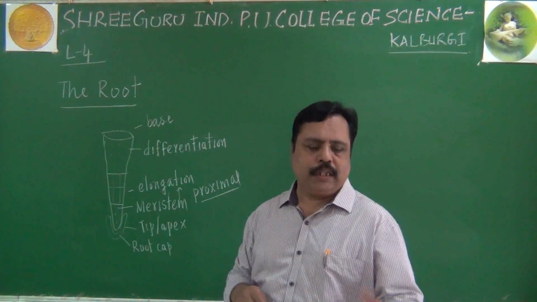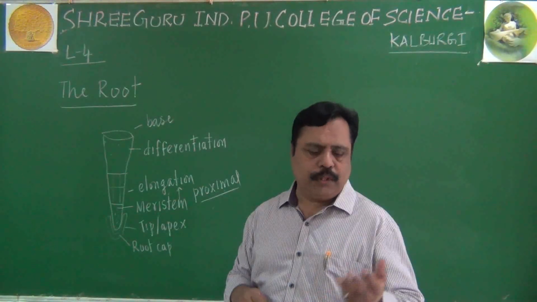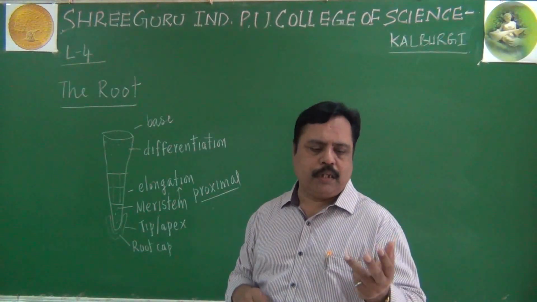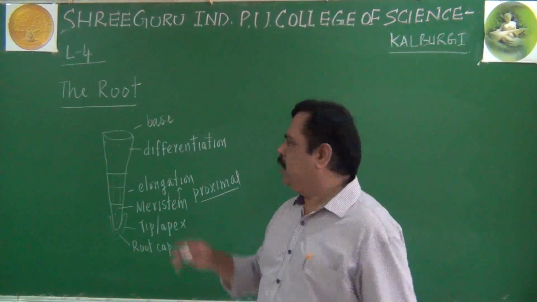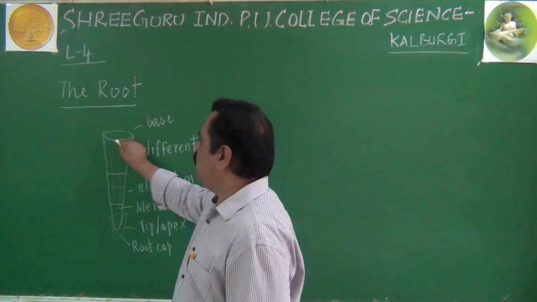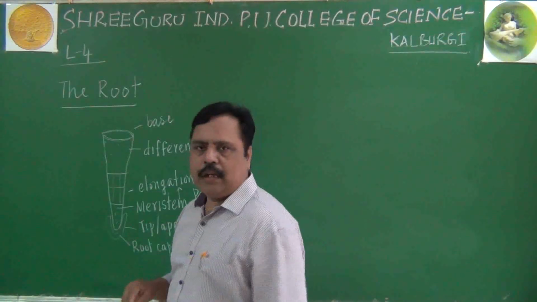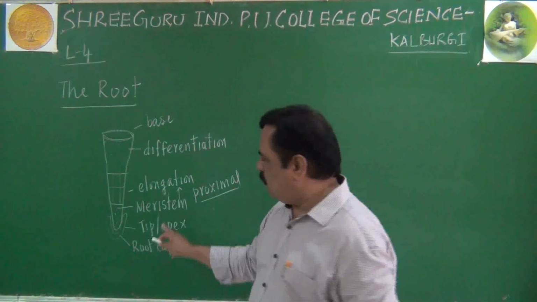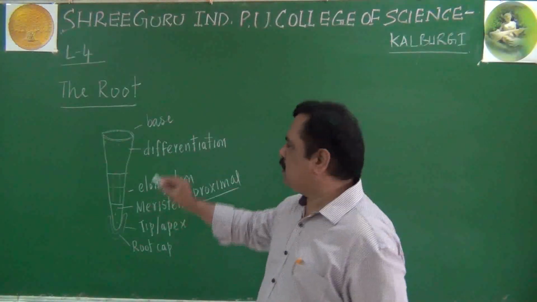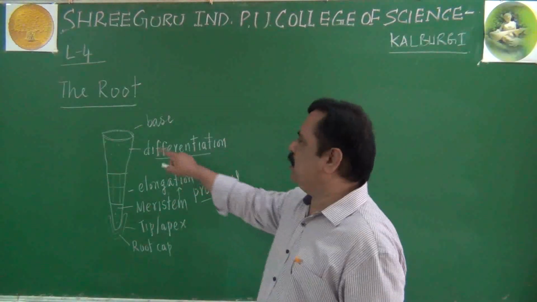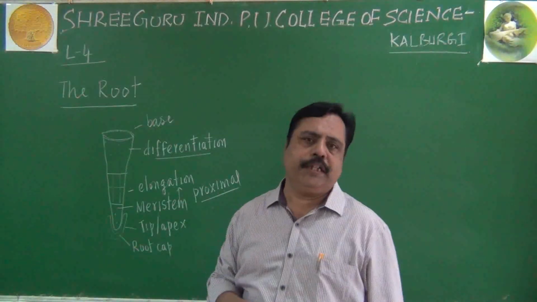Permanent tissue means, as I told you in the previous class, parenchyma, collenchyma, sclerenchyma, xylem, phloem, like that various tissues are formed in this region. All of them are derived from what? Meristem only. That meristem will undergo a process called differentiation and they will become differentiated cells.